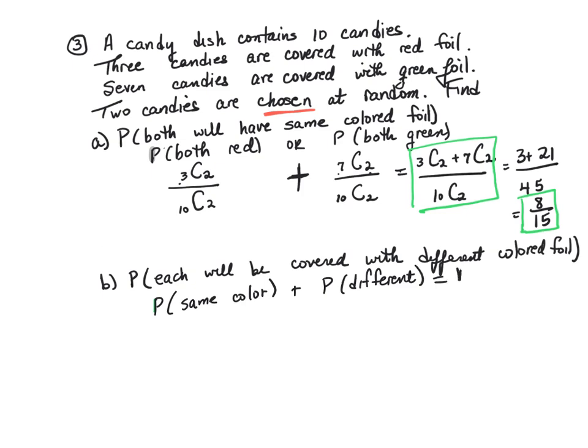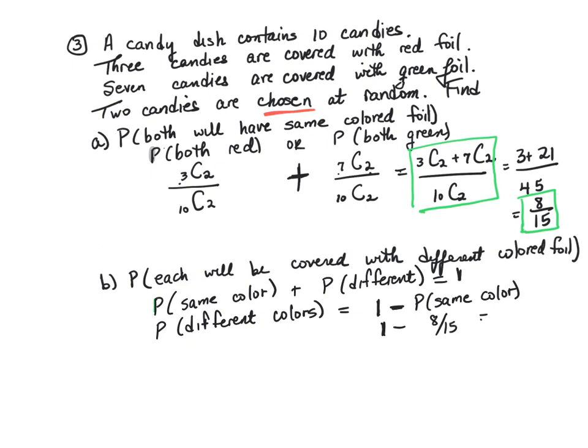So in this case, it's easier to look at the complementary event. That is to say, the probability that they're different colors would equal 1 minus the answer above. So that would be 1 minus 8/15, which gives us 7/15.